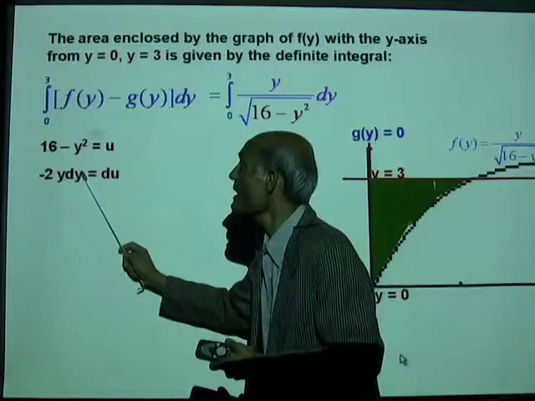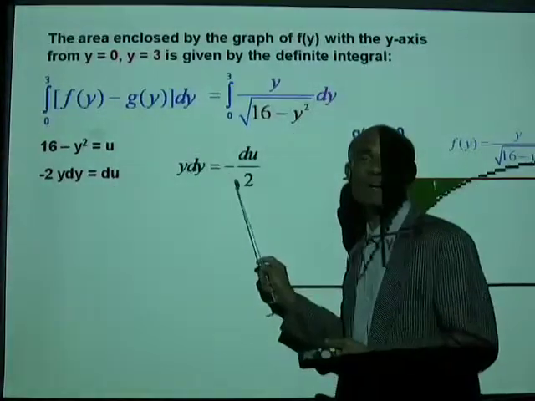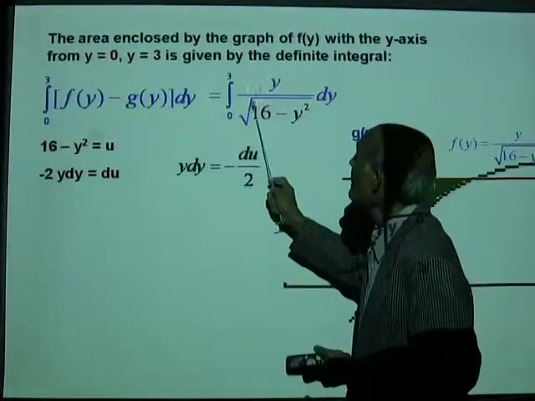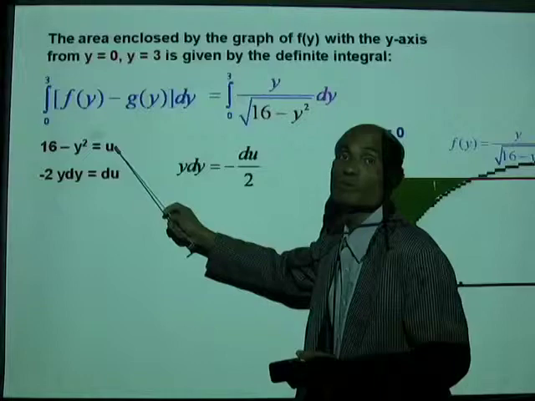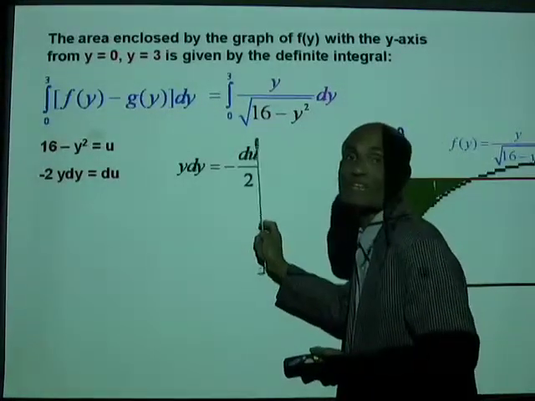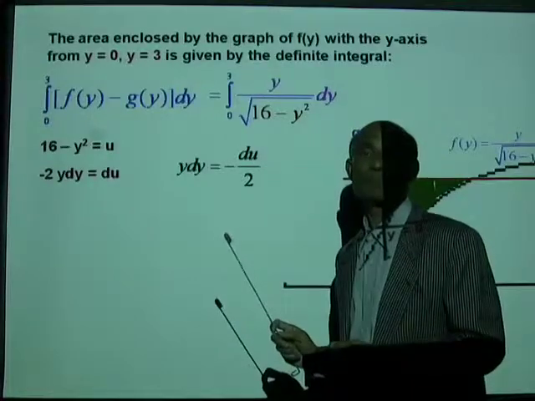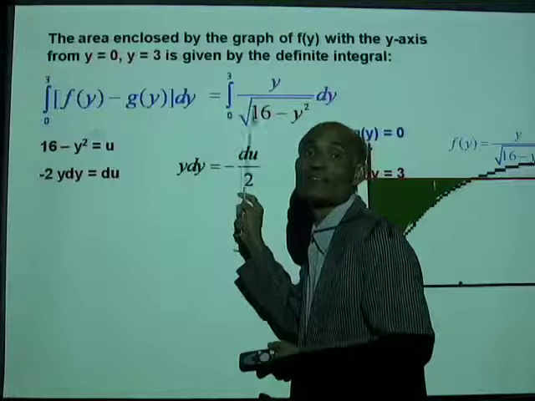So y dy equal to negative du over 2. There you have it. So when this quantity 16 minus y squared becomes u, then the quantity y dy becomes negative du over 2.